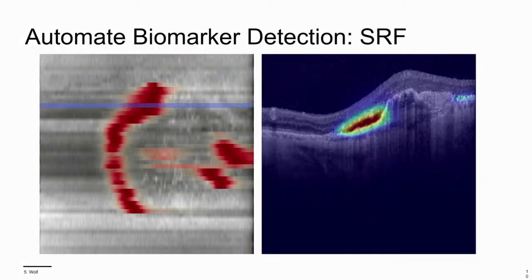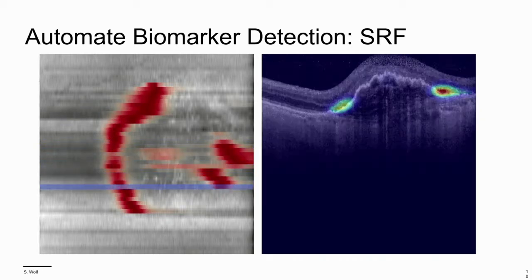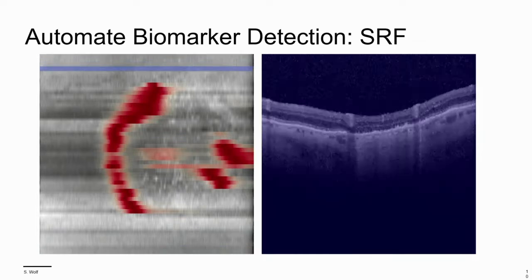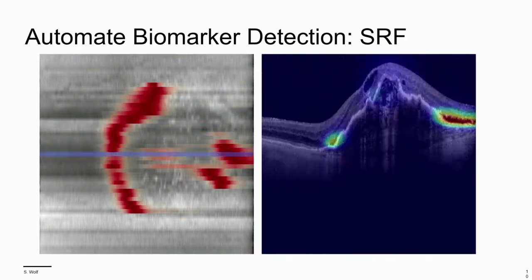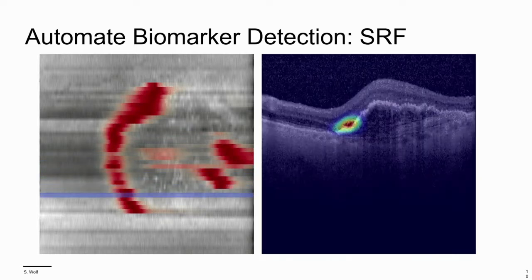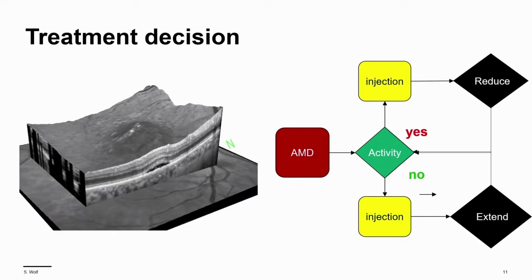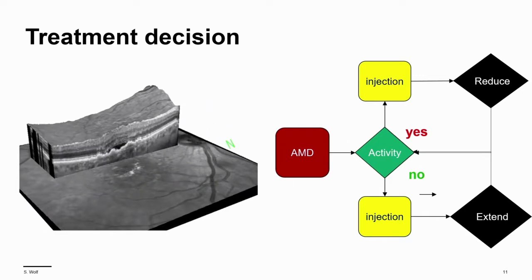And of course, we could analyze such a B-scan and project the presence of the biomarker on the fundus image. So we have a map of the presence of the biomarker on the fundus image, which is shown in this example.